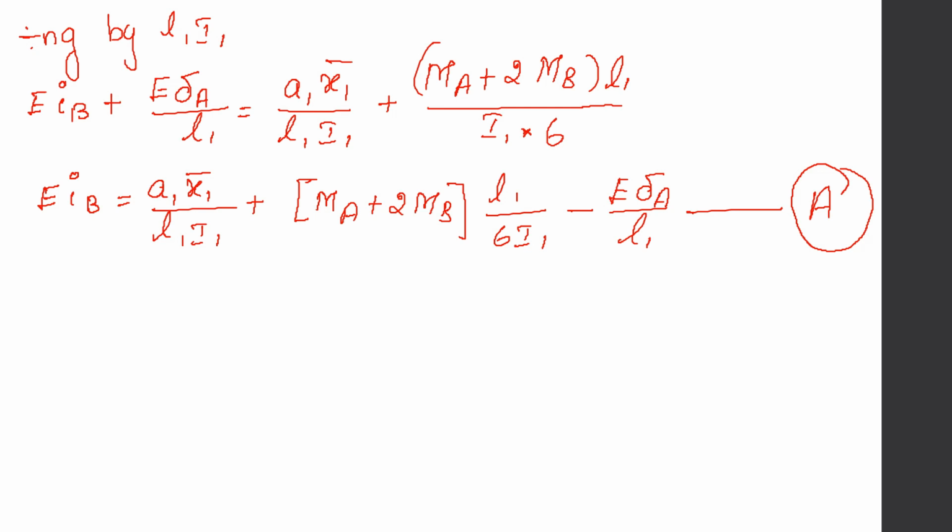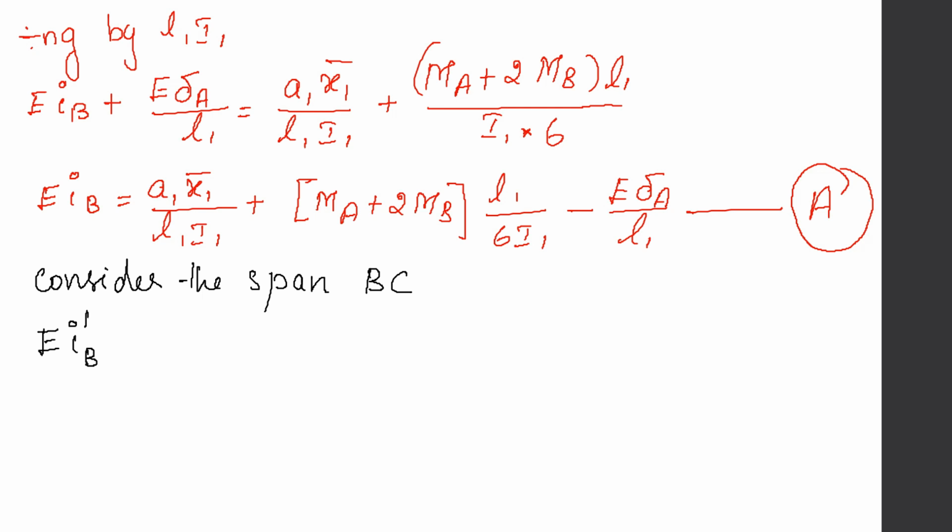Now, we will consider the span BC. In a similar manner, when you consider the span BC, we get E into IB dash. The thing is, the slope remains the same.